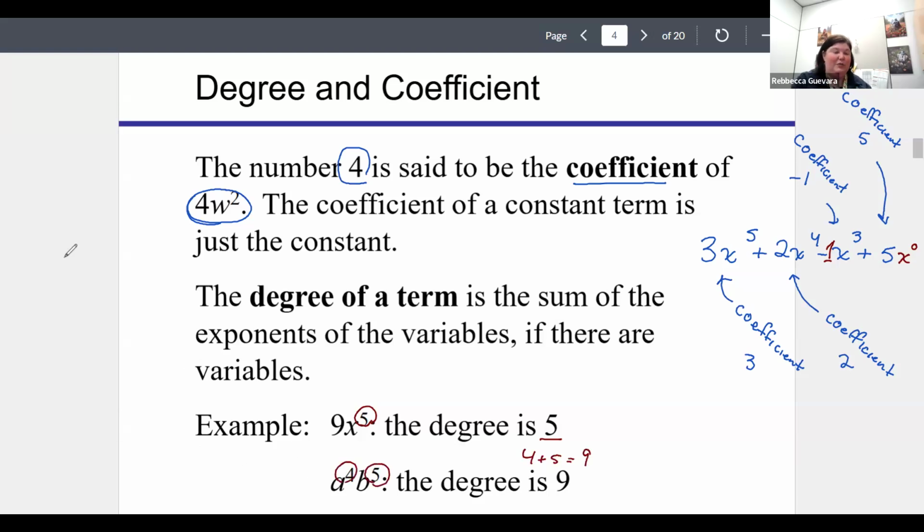So it kind of comes back to what we were doing. We were talking about rules of exponents earlier. If we had the same base, then we could add those exponents. We're using that same idea. But we don't have to have the same base, we're just saying that the degree is a summation, like it is here, of your exponents.